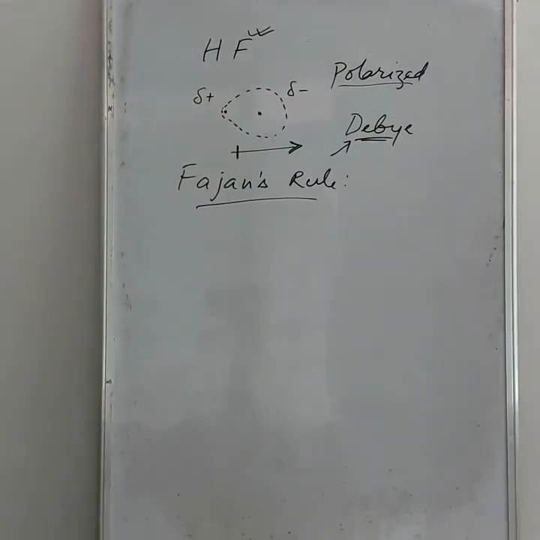For instance, the cation has to be small in size. In the case of hydrogen, the cation is very small, and the fluorine is much bigger compared to hydrogen. The size of the anion is much bigger compared to the size of the cation. Those are some of the things that govern the polarizability of a particular molecule.